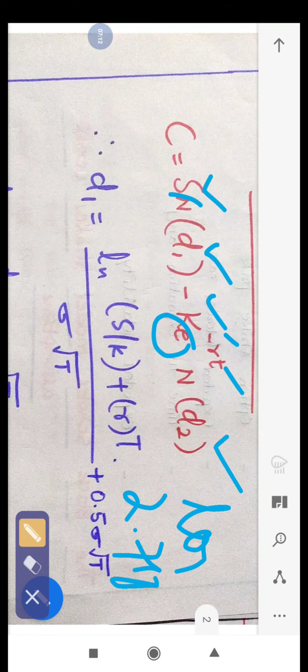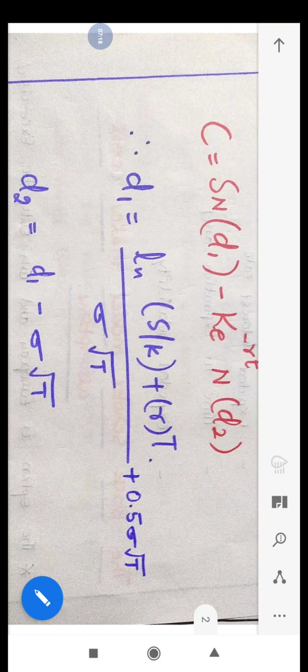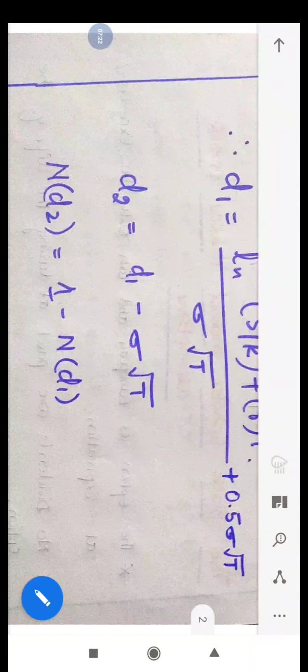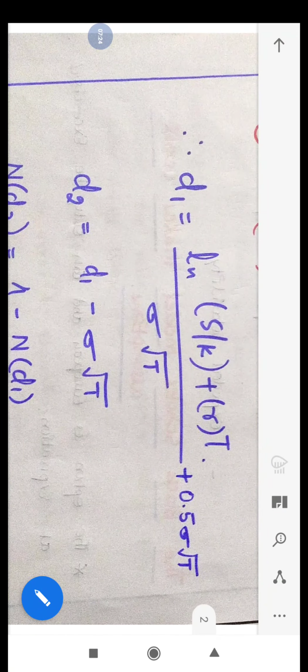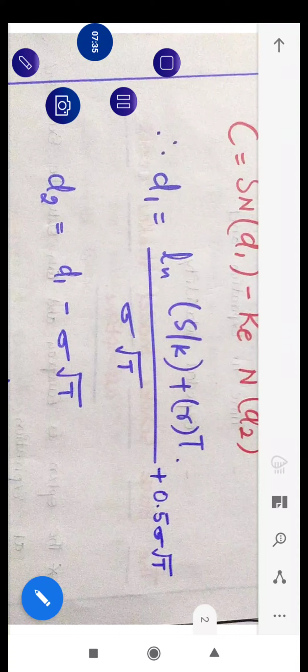Next, what is this N? N here means the normal distribution. So ND1 and ND2, how to calculate them? For calculating ND1, we need to take help from the normal distribution table.